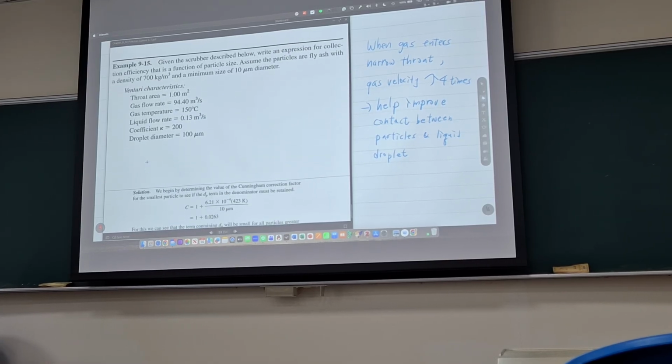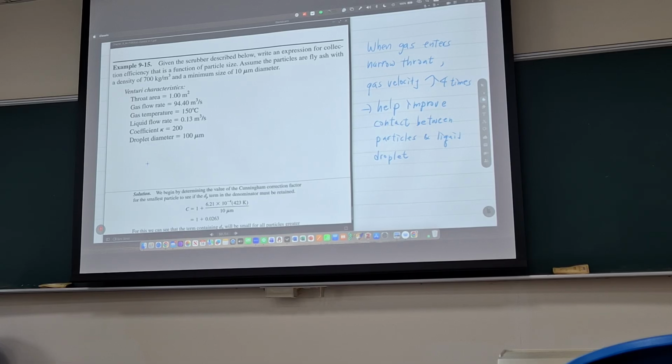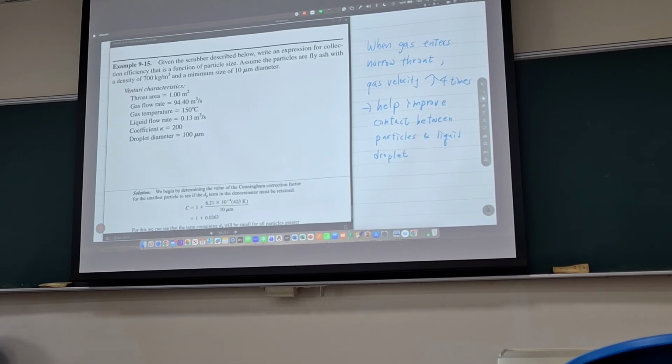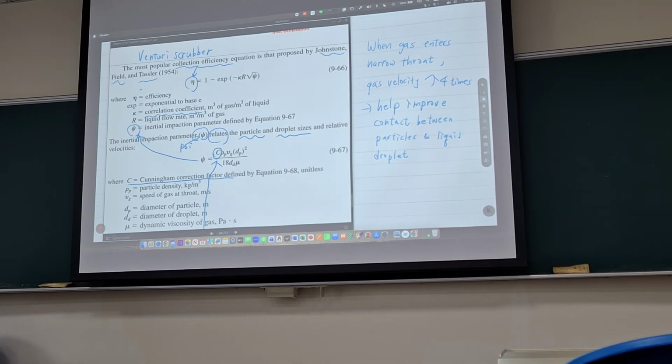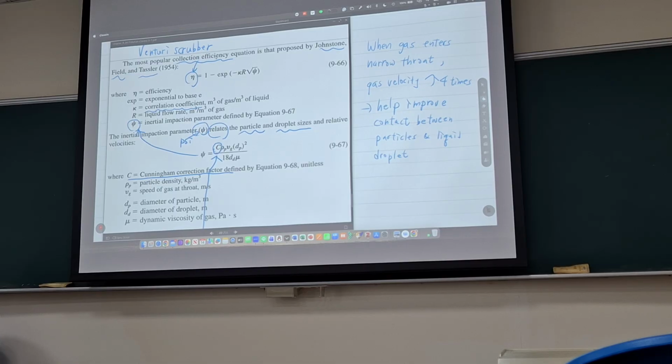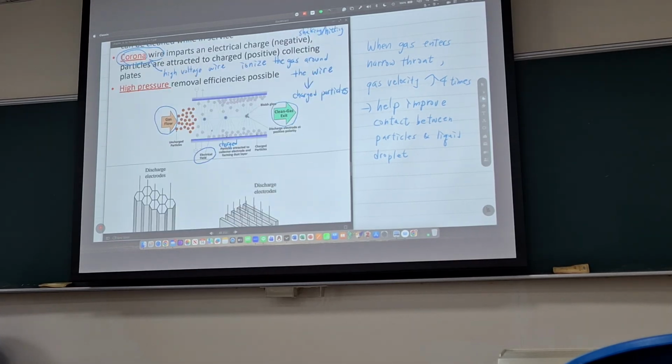Okay, let's finish this up. Example 9-15. Do you see a keyword? Venturi, right? This is a keyword. So if the question asks you the collection efficiency, you cannot use this one.